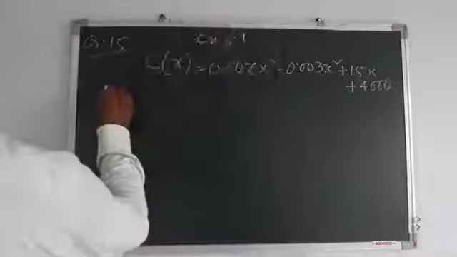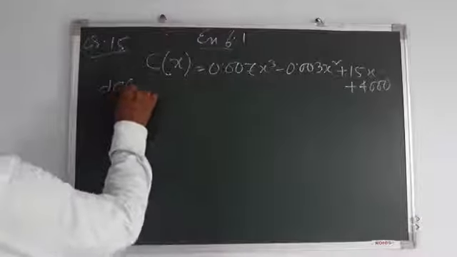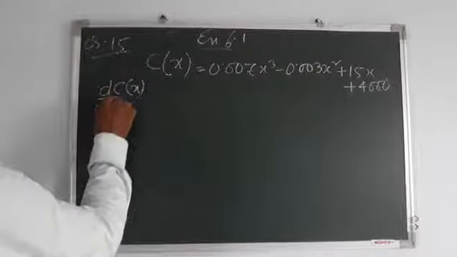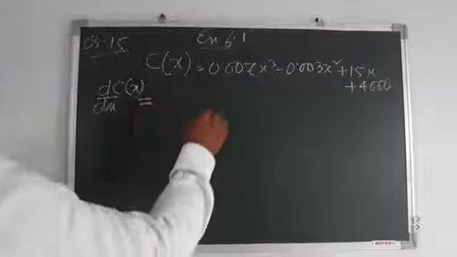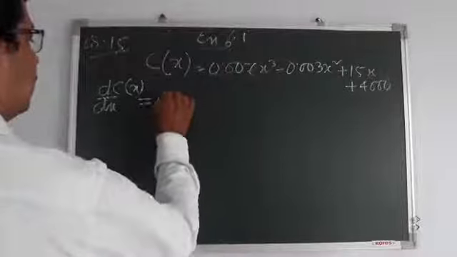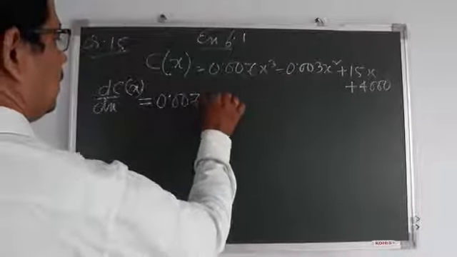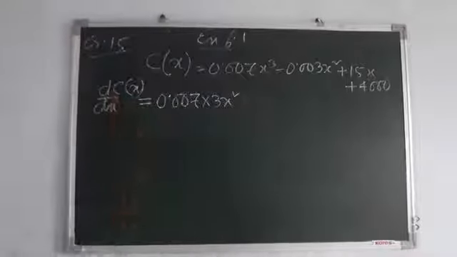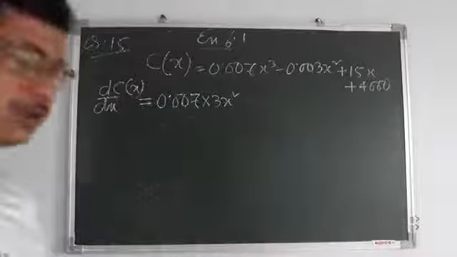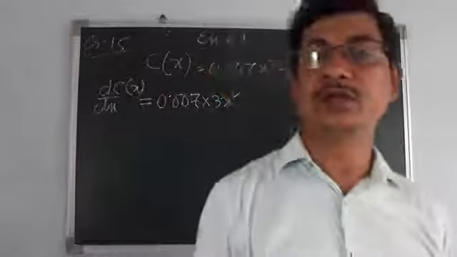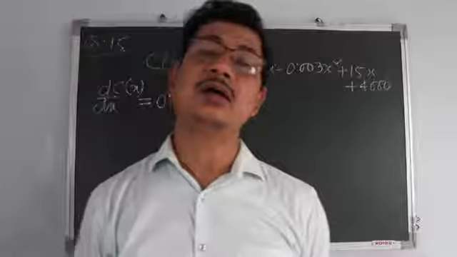So if we differentiate dC/dx, it will be, this is constant, 0.007 into 3x². So this is the rule, that if you want to find the marginal cost, you have to differentiate the cost price, and that will be the marginal cost.